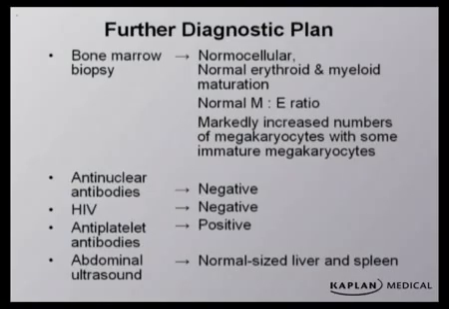That's why these patients don't bleed a lot, because they have good functional platelets. The anti-nuclear antibodies are negative. The HIV is negative. The antiplatelet antibodies are positive, which is what you expected here to make sure the diagnosis is correct. And on the abdominal ultrasound, you want to take a look at the liver, the spleen, and the gallbladder. All seems pretty normal here.